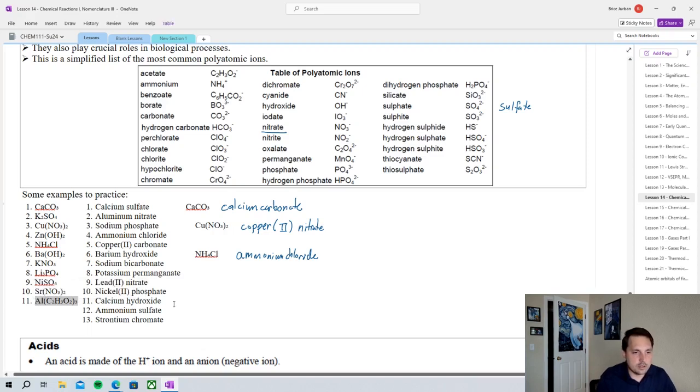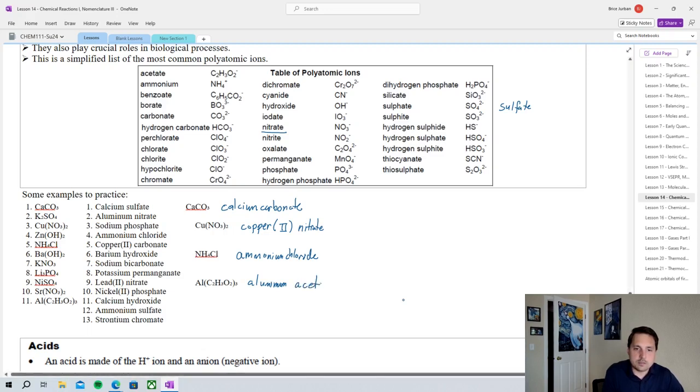All right, here's another interesting one. I have aluminum, and it's paired up with this very large polyatomic. This polyatomic is acetate, and aluminum is a fixed charge of +3, so that's why there's a subscript of 3 here. So you name the metal first, aluminum or aluminium, you can name it either way.